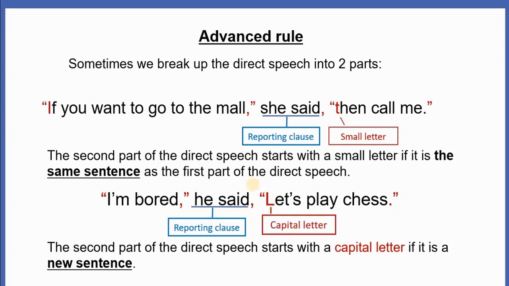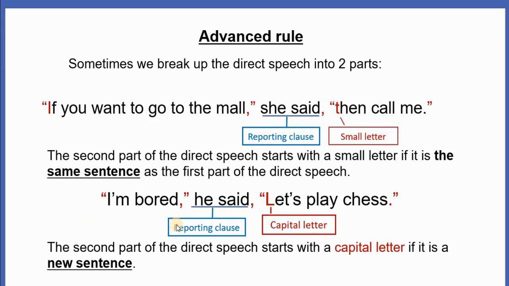So, capital letter, and it is because "I'm bored" is a complete sentence. And "let's play chess" is a new sentence. Alright? So, we start with a capital letter.